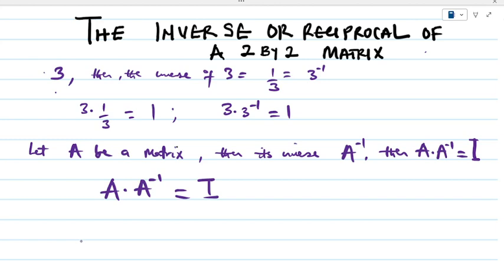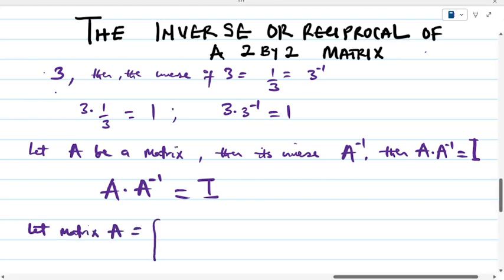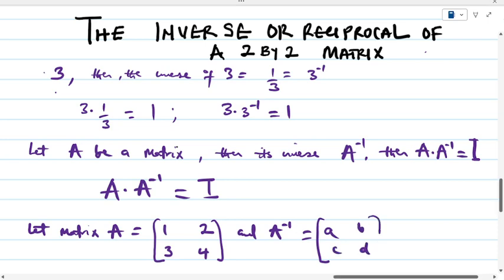So let's take, for example, matrix A equals [1, 2; 3, 4], and its inverse should be [a, b; c, d].